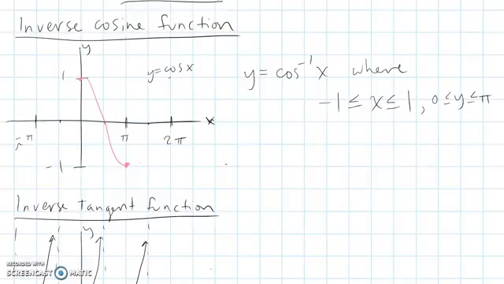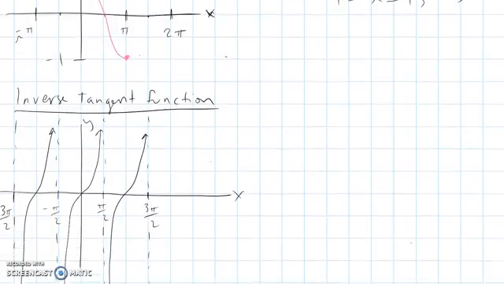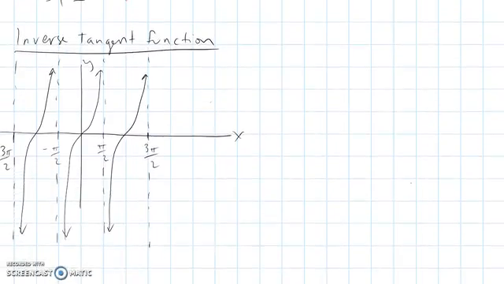Now for inverse tangent, we are going to restrict our domain. Again, it's not one-to-one right now, but if we restrict our domain to just one of these repeated shapes, then we can get something that is one-to-one.